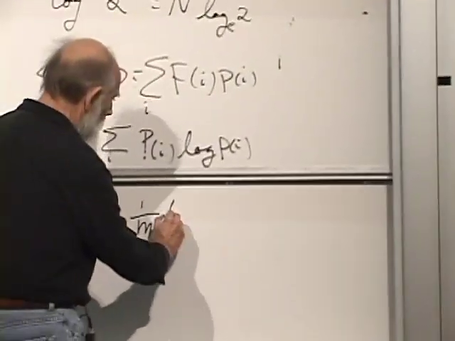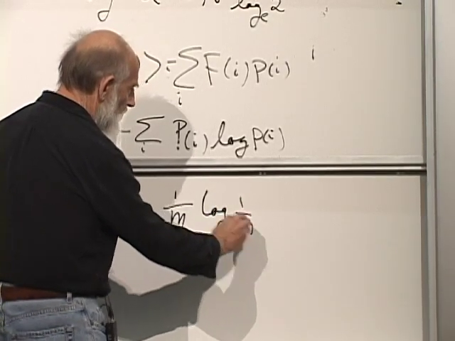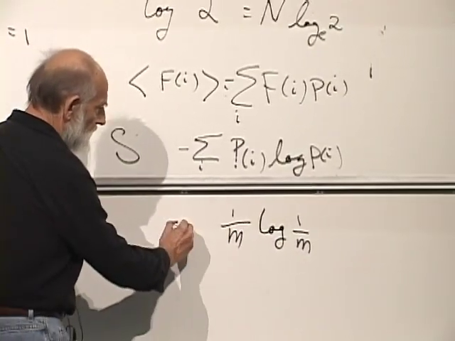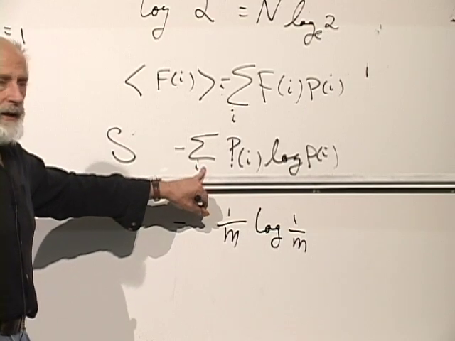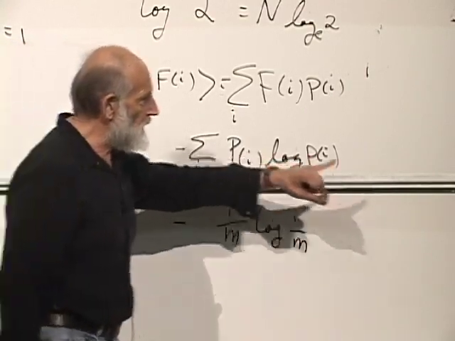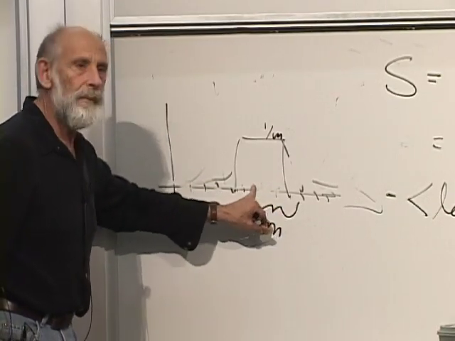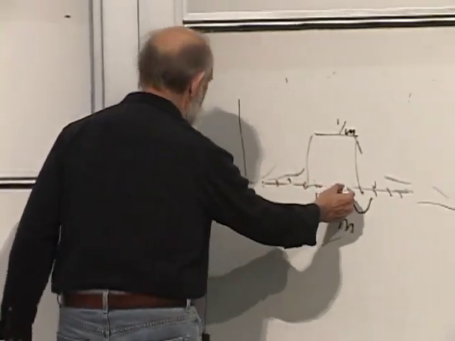Then there's the logarithm of 1 over m, a minus sign, and now we have to sum over I, but each one of the states in this bin gives the same answer. So we multiply it by m, the number of states here.